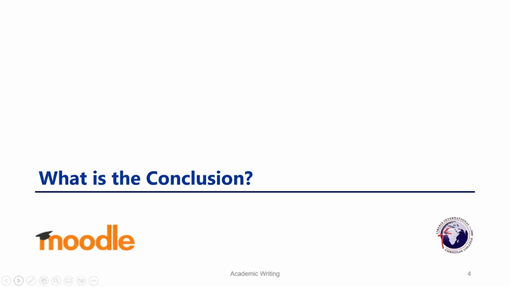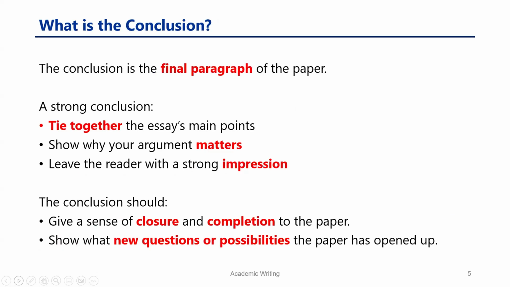So what is the conclusion? The conclusion is the final paragraph of the paper. A strong conclusion ties together the paper's main points. It shows why your argument matters. That is, it answers the so what, who cares questions. And it leaves the reader with a strong impression.